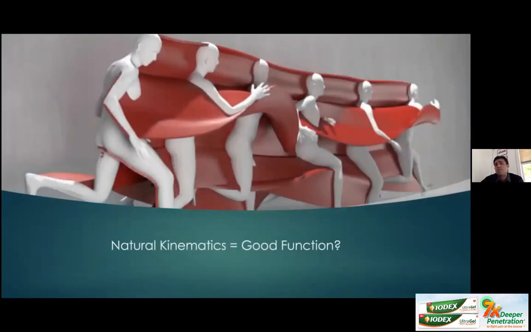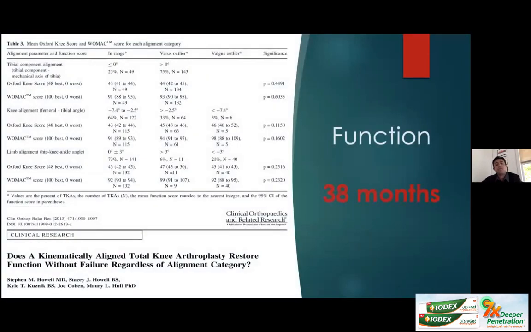So that brings us to the million dollar question, or the million rupee question. Is natural kinematics equal to good function? Can you restore function by restoring the kinematics? Or is there a gap in that? So Professor Howell in the United States looked at his outcomes.